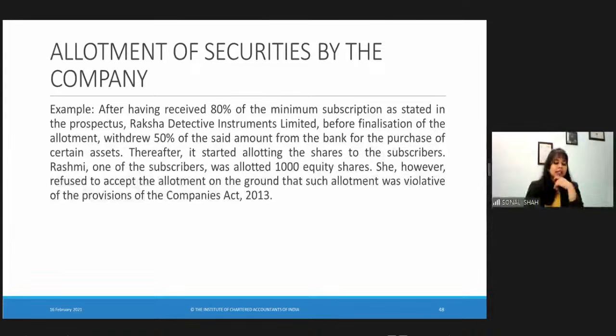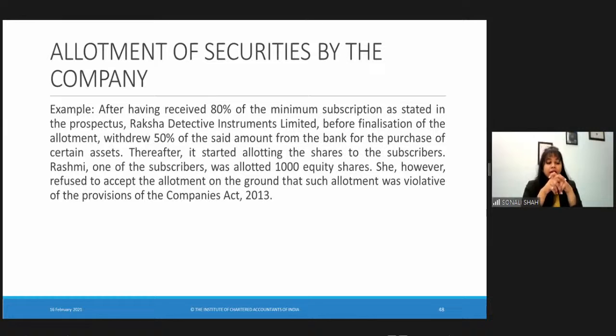Sneha is asking me, ma'am, should the minimum subscription be 90%, including the shares taken up by the underwriters, or exclusive of that? You need to understand here that an underwriter is just a guarantor, right? As per the law, for a minimum subscription, it has to receive applications of 90%.